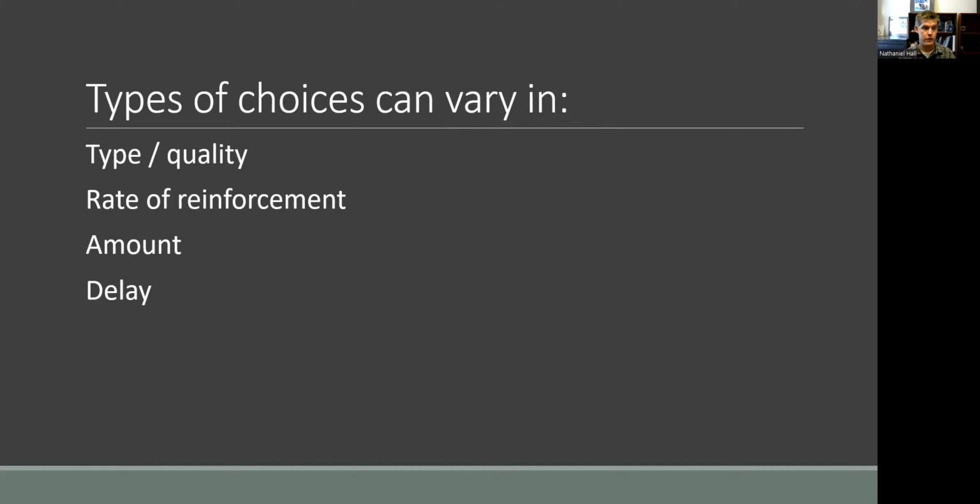So whether you get paid $10 an hour or $20 an hour, and also the delay. When it comes to impulsivity, we're typically talking about manipulations between the amount of a reinforcer and the delay to that reinforcer, where delay will manipulate how valuable a certain amount is.